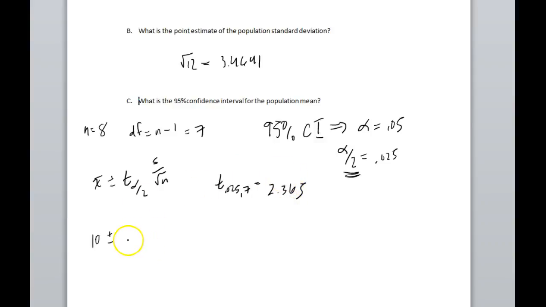So then we have 10 plus or minus 2.365 times S, which is the square root of 12, all over the square root of n, which is the square root of 8. There's a couple of square roots.